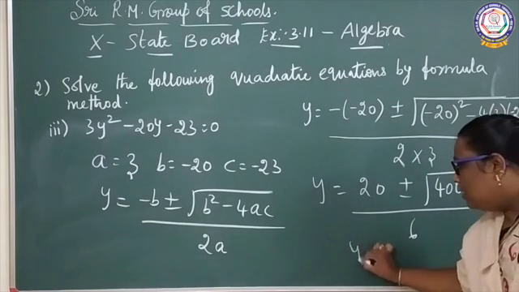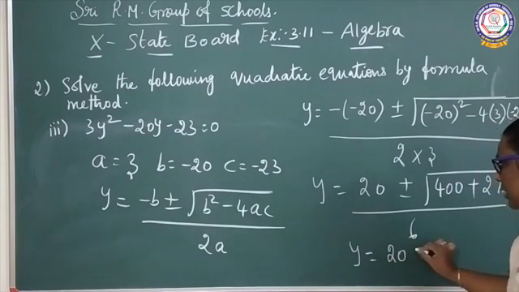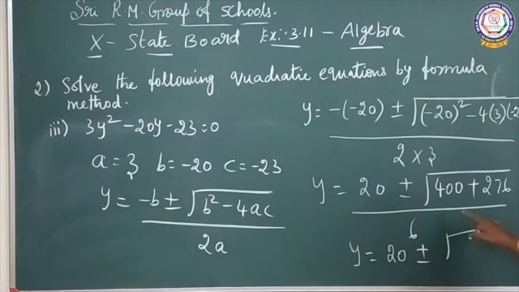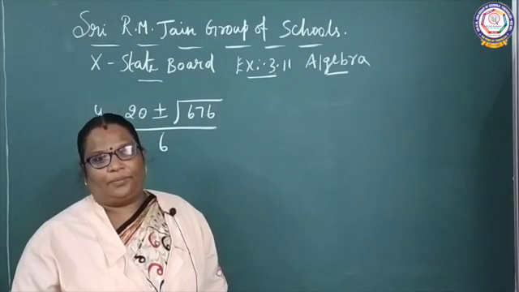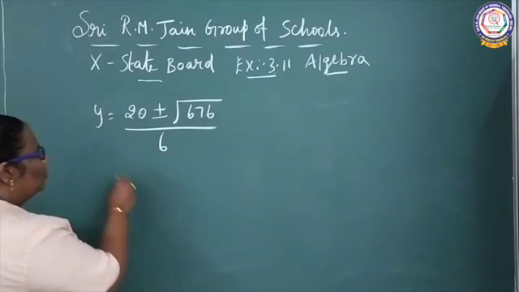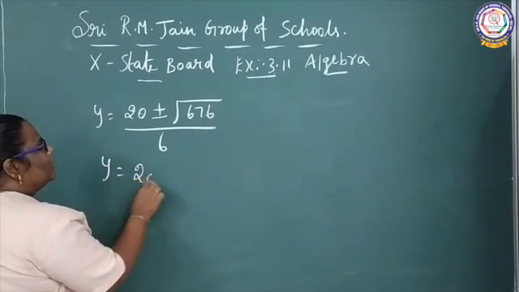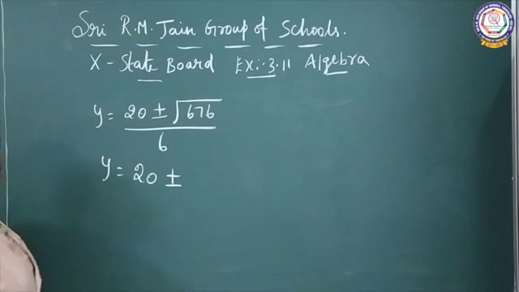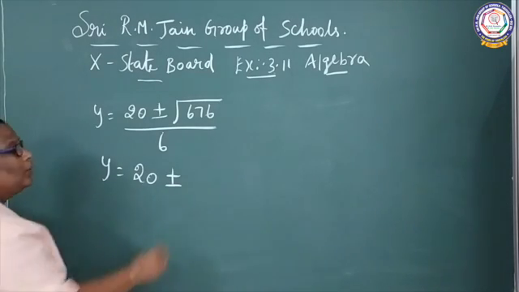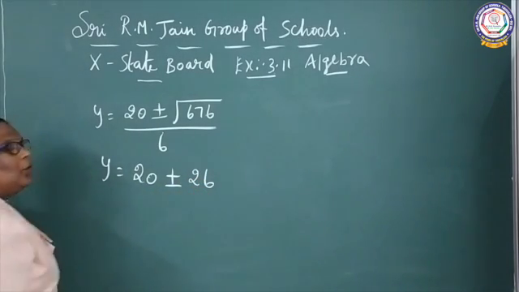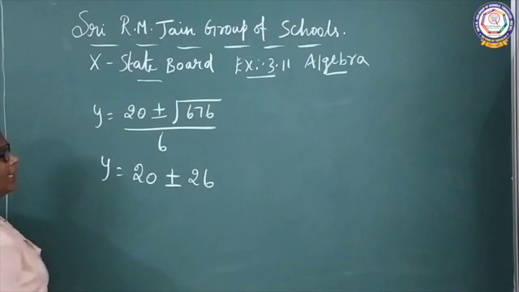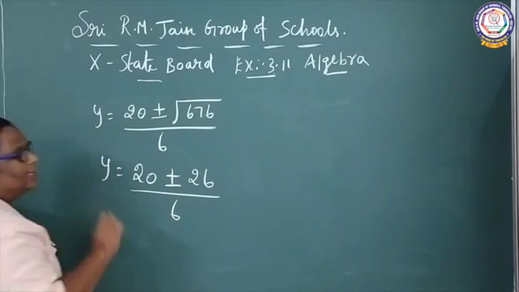So y equal to 20 plus or minus root of 400 plus 276, nothing but 676, by 6. Y equal to 20 plus or minus root of 676, whose value is 26, by 6.